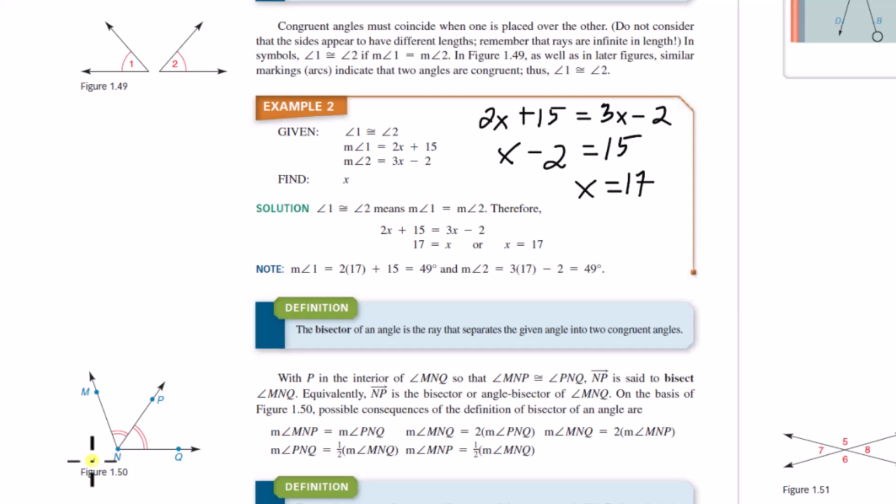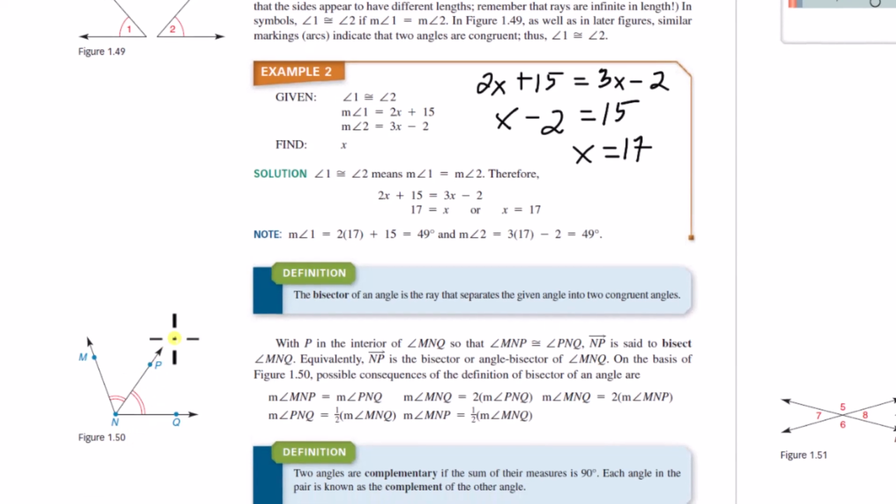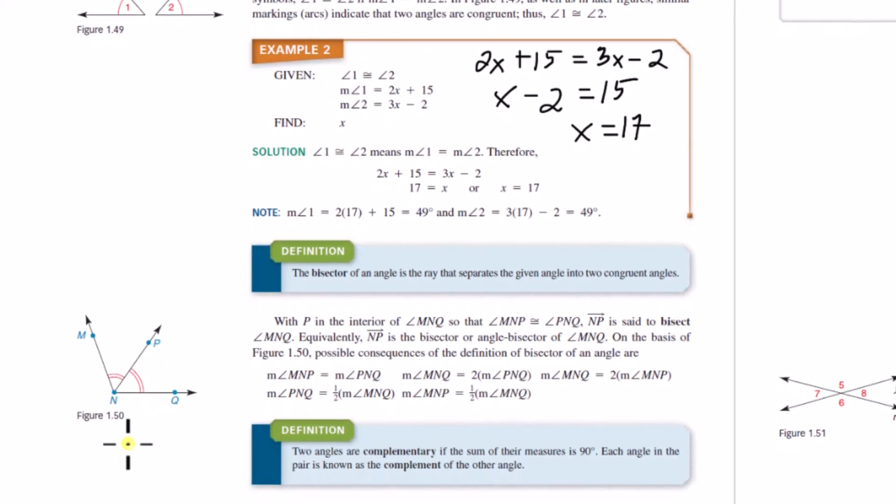Now let's think, could we interpret this as talking about the obtuse or the reflex angles here? That's not going to work. If you draw this line here and still interpreted it this way, you haven't separated angle MNQ at all.